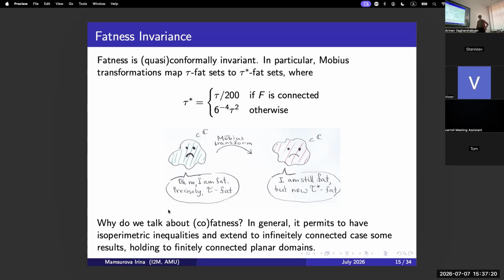So after the Möbius transform, the tau star is not precise anymore, right? Or is it? After a Möbius transform, it is. After quasi-conformally. Wait, so it's precisely tau over 200 if F is connected. Where does the 200 come from? It's just like infinite estimations.